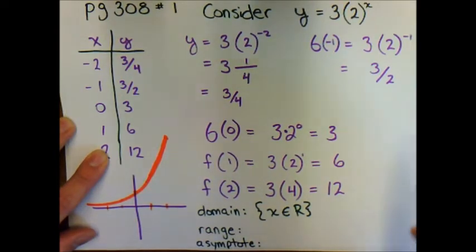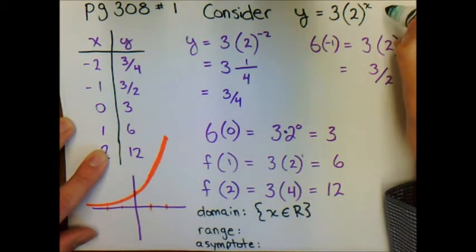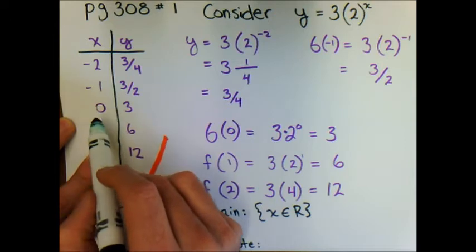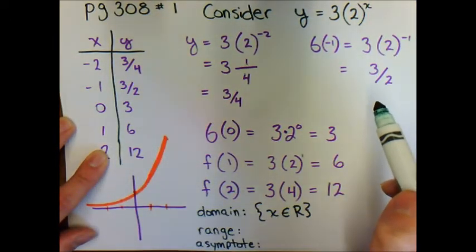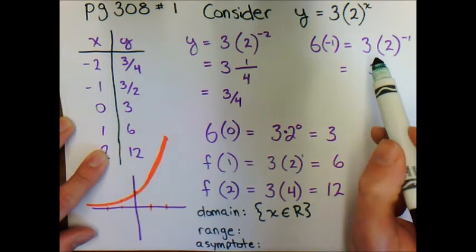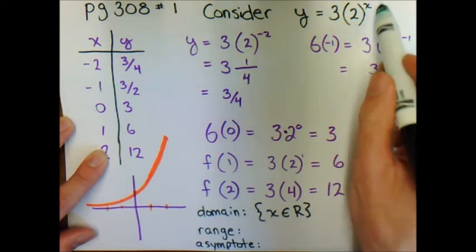The range, turns out that this 2 to the power of x, no matter what I sub in for x, whether it's negative or fractional or whatever, it's never going to be negative. It will get small, small, small, small, small. It will get very close to 0. It will never reach 0.